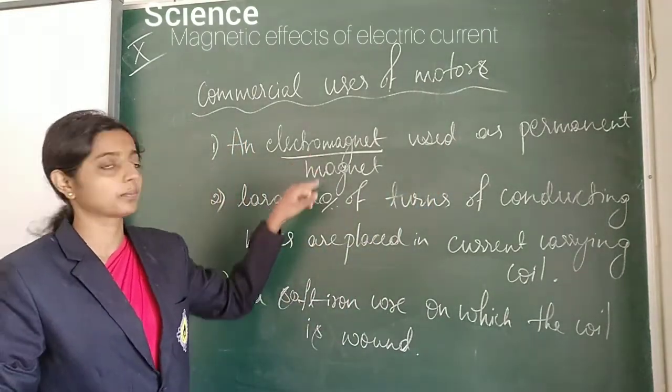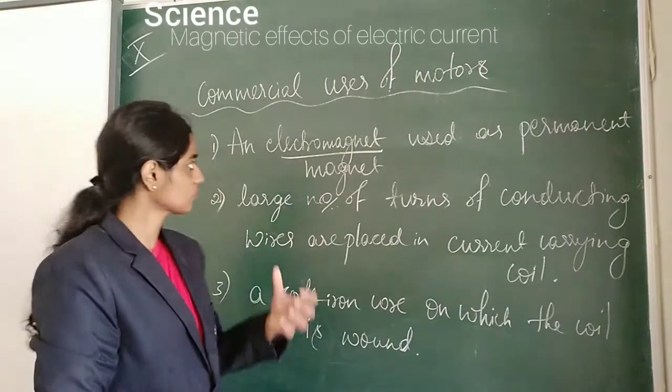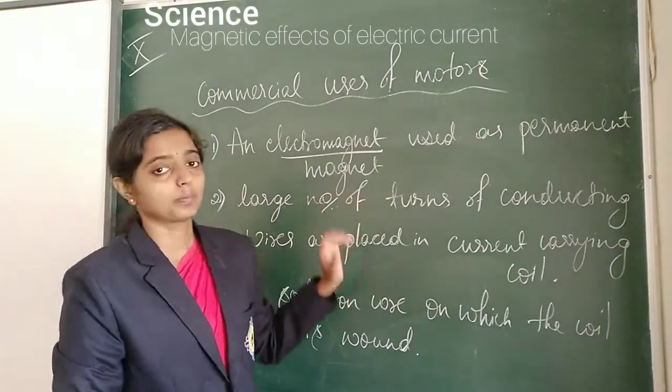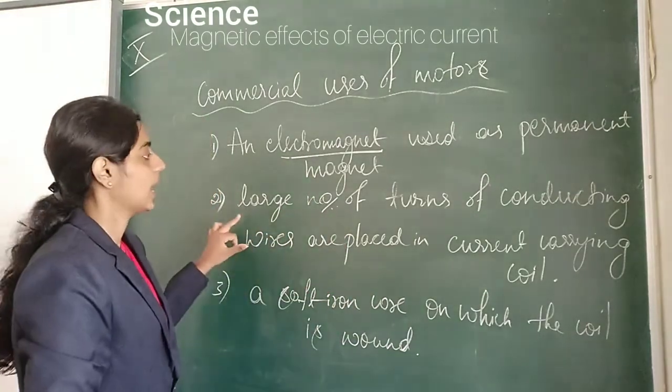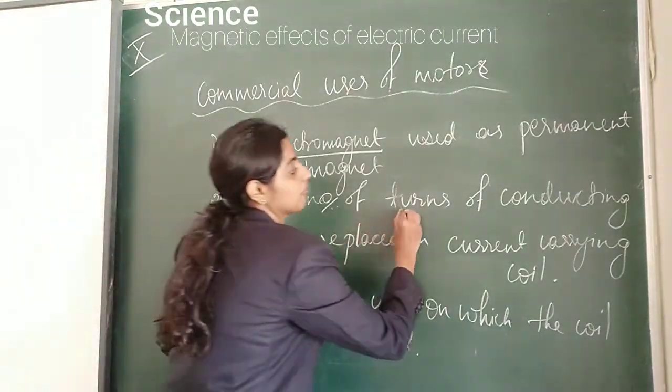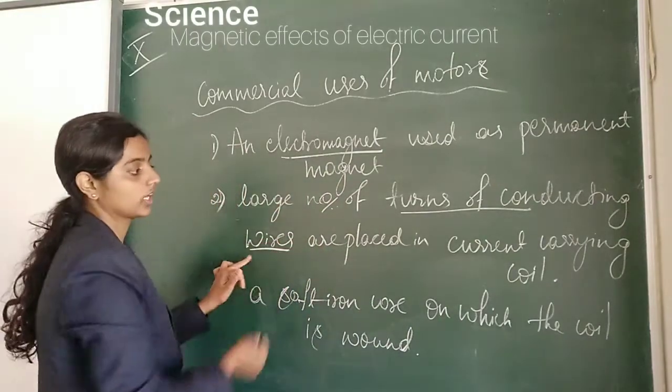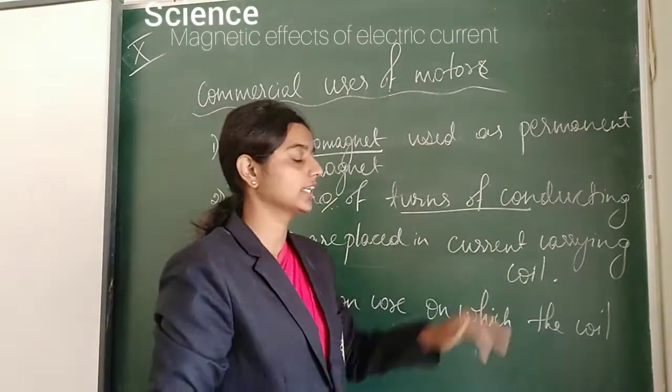So we know the properties of electromagnet, right? It is stronger when compared to permanent magnet. So an electromagnet is used in the place of permanent magnet, and a large number of turns of conducting wire are placed in the current carrying coil.